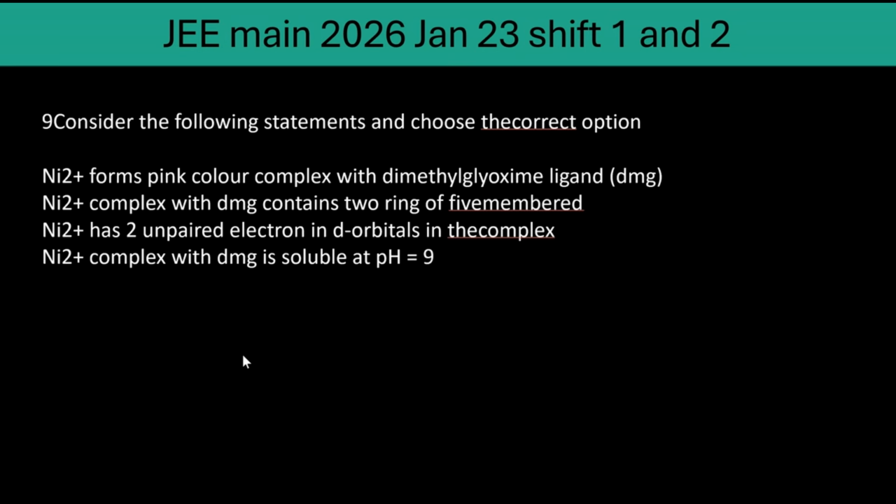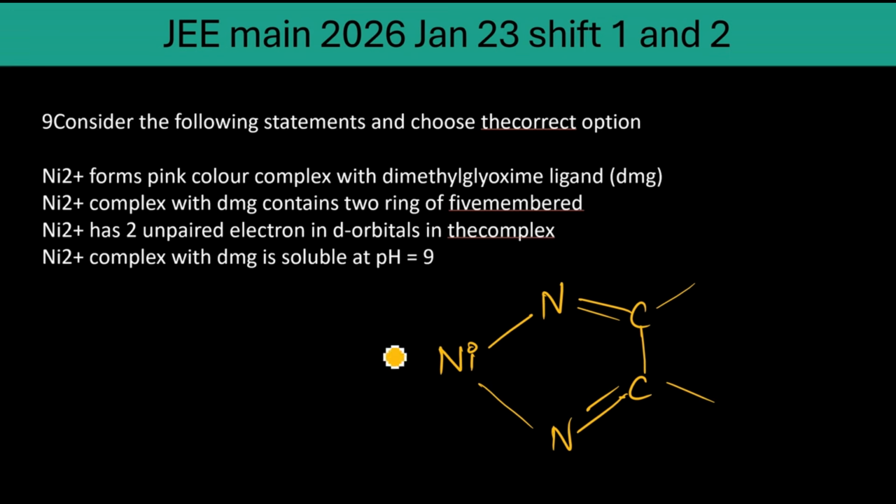Consider the following statements and choose the correct option. Nickel 2 plus forms a pink complex of dimethylglyoxime. The ligand is DMG. So basically, this will look like this. Hydrogen, carbon, with another nitrogen. Double bond over here and a dimethyl group.